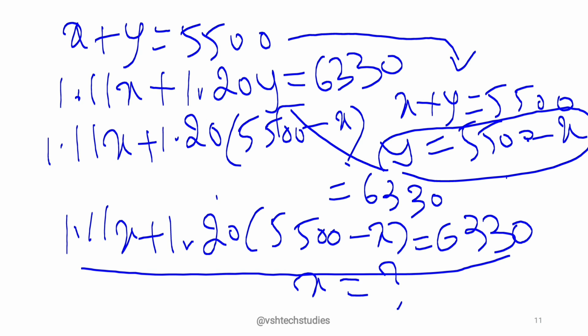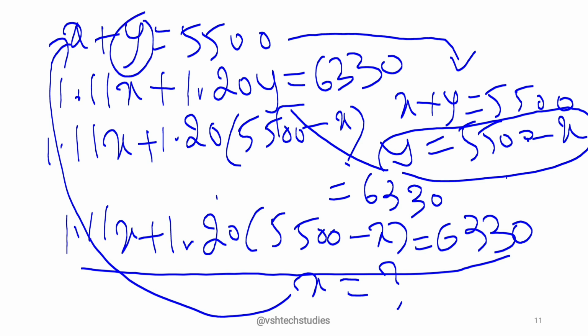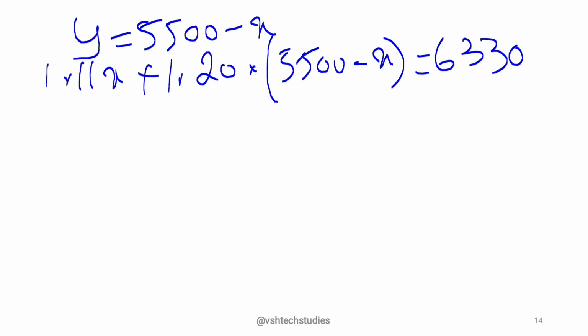That we shall do next. After finding x, we'll have to substitute it here, then we will get y. So this is the next part of the solution. Now we have substituted y equal to 5500 minus x.